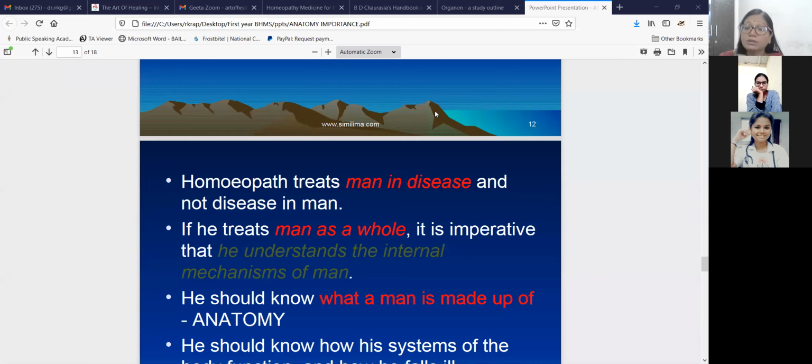So the causation is important, the location is important, his sensations are important, and the modalities, that is aggravation and amelioration, are different. कशामुळे बरं वाटतं? झोपल्यानंतर बरं वाटतं. किंवा बाहेर फिरून आल्यावर बरं वाटतं, ओपन एअर मध्ये गेल्यावर बरं वाटतं, बंद खोलीत डोकं दुखायला लागतं. So these kinds of symptoms each person has. Every person has different kinds of symptoms. So we treat a person as a whole human being.